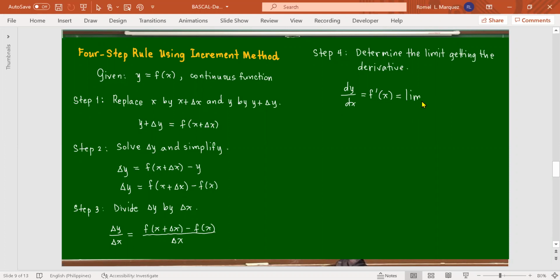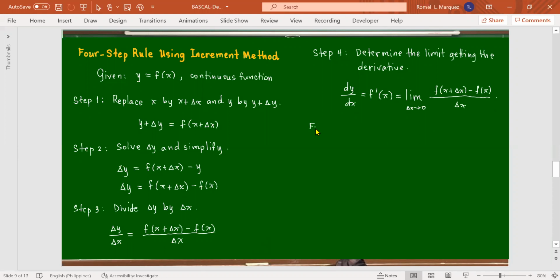You have to take the limit of that ratio as delta x approaches 0. That's it. And evaluate the limit. Samantalang tayo, narito na agad sa last. Paurong nga lang. From the last, we do it, no? Parang papunta sa step 2, we are trying to simplify, o kaya step 3. Is that clear, guys?